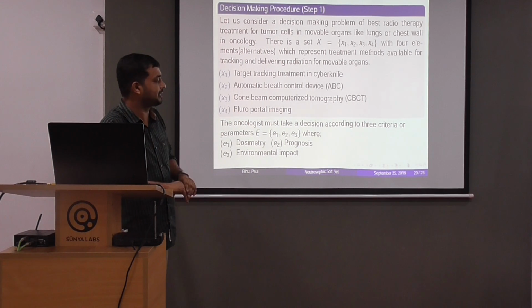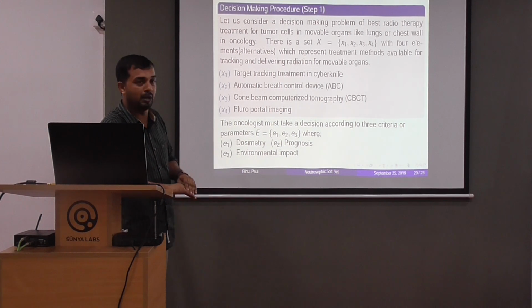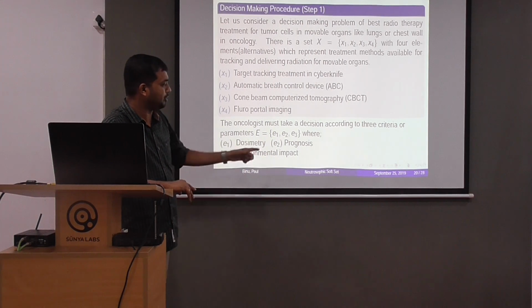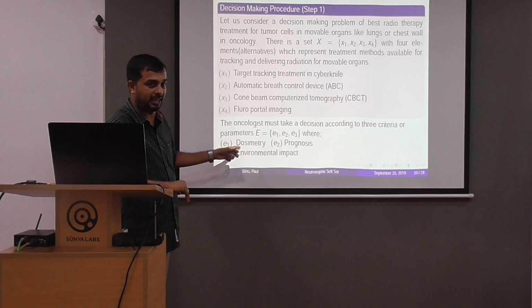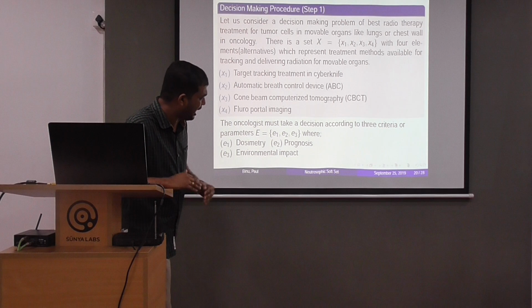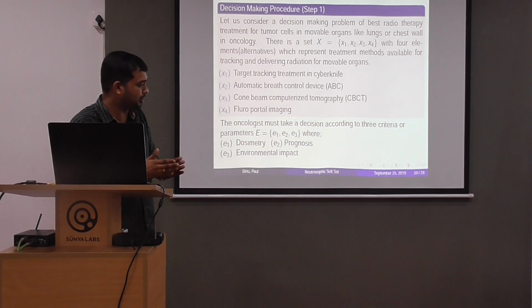The oncologist must take a decision according to 3 criteria or parameters E equal to E1, E2, E3, where E1 is dosimetry, E2 is the prognosis, and the third one is environmental impact. Dosimetry is the physical condition of the patient, prognosis is the adaptation or the subdivision of the radiation acceptance of a patient.